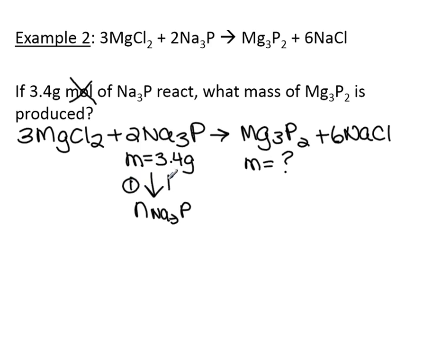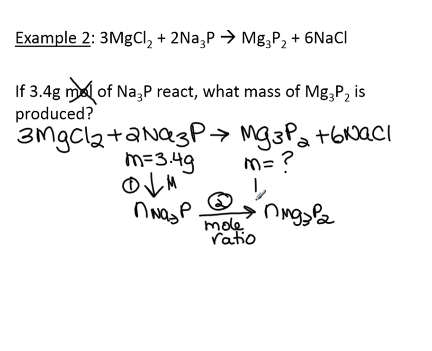Well, we need my molar mass here. Then I'm going to try and find the number of moles of magnesium phosphide. And then we know that's step 2, mole ratio.